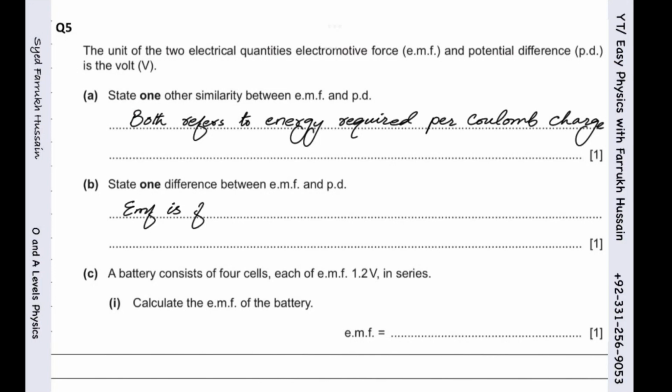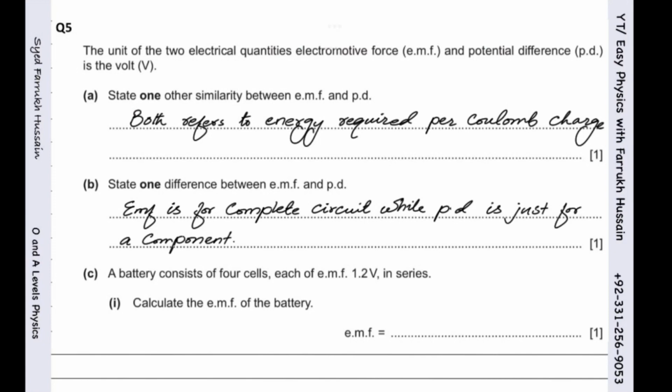Wait. EMF is for one complete circuit, right? Oh, there is one more difference. EMF is the energy change from chemical to electrical, while potential difference is energy change from electrical to any other forms of energy. Okay. So you can just go through the definitions of EMF and potential difference and see the difference, okay?